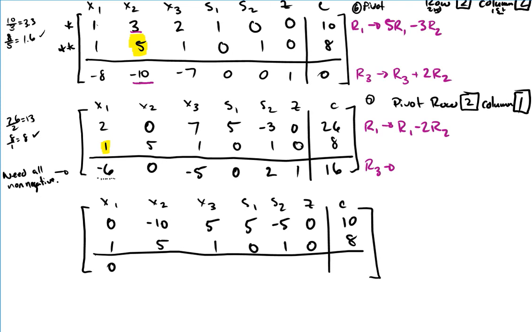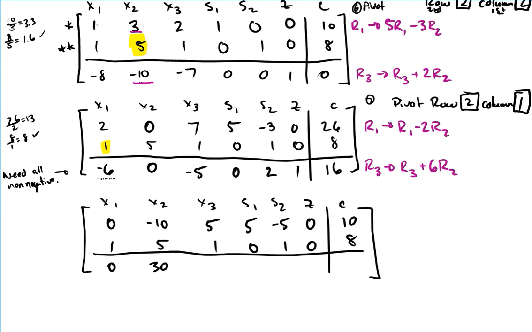All right, row 3 needs to become, okay, so I'm looking at 1 and negative 6. Well, it looks like I should do row 3 plus 6 row 2. That should do it. All right, so now when we go through it, let's see. We've got negative 6 plus 6 is 0. Good. We've got 0 plus 5 times 6 would be 30.